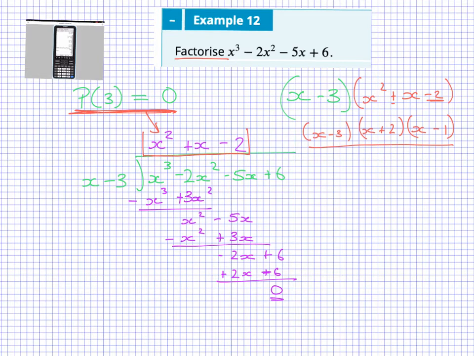As I said earlier, you could easily sit there and plug in all the possible factors of the constant term just to find out which ones left a remainder of 0, and that would give you all of these three solutions up here.